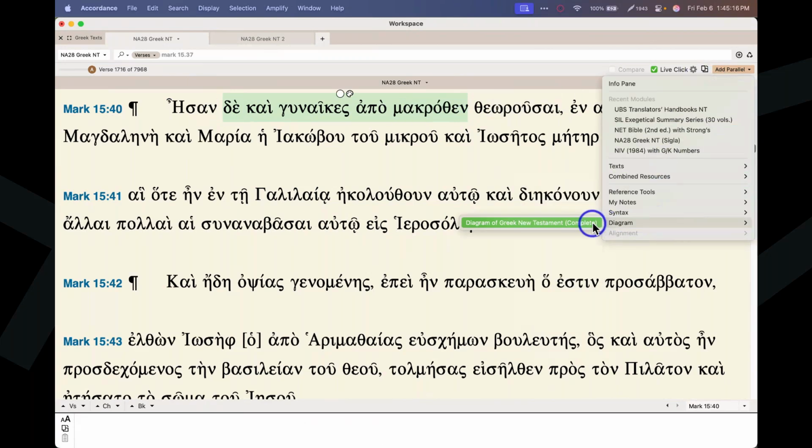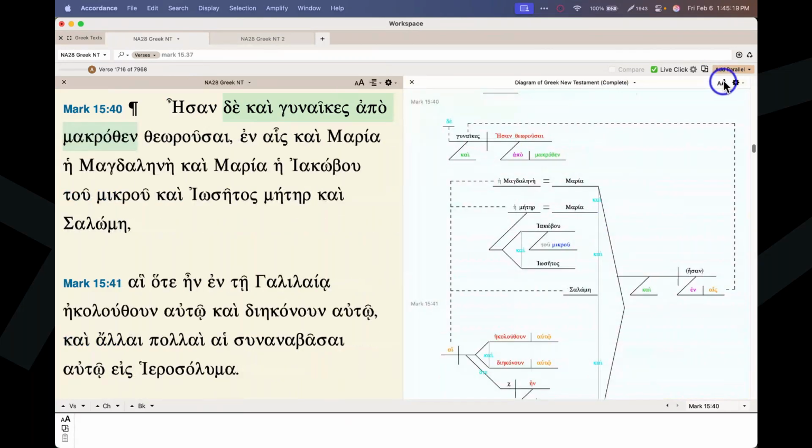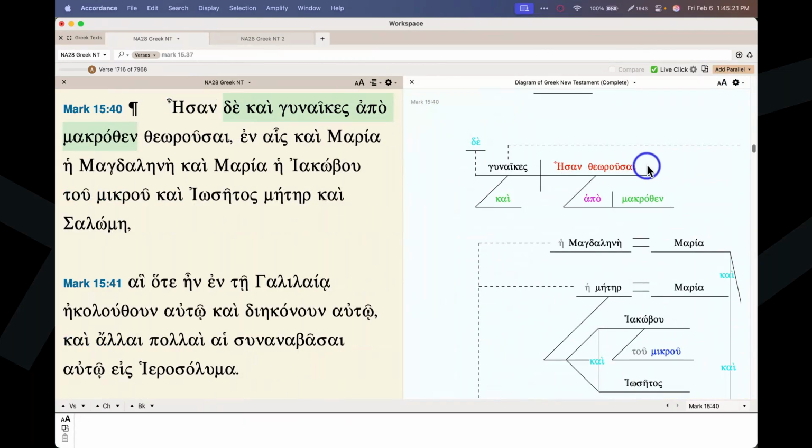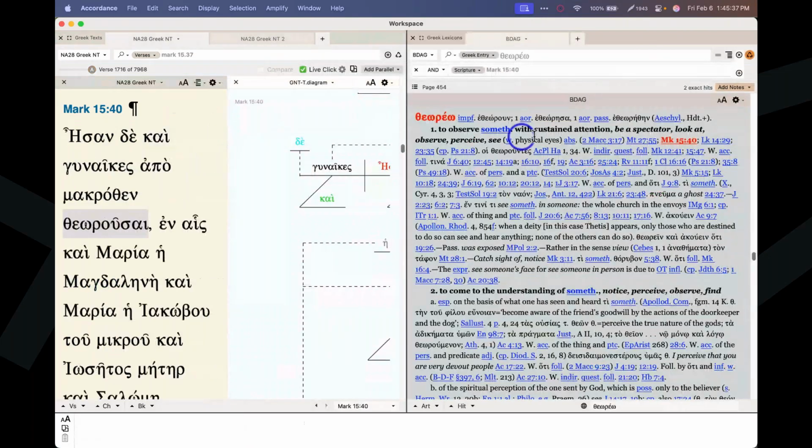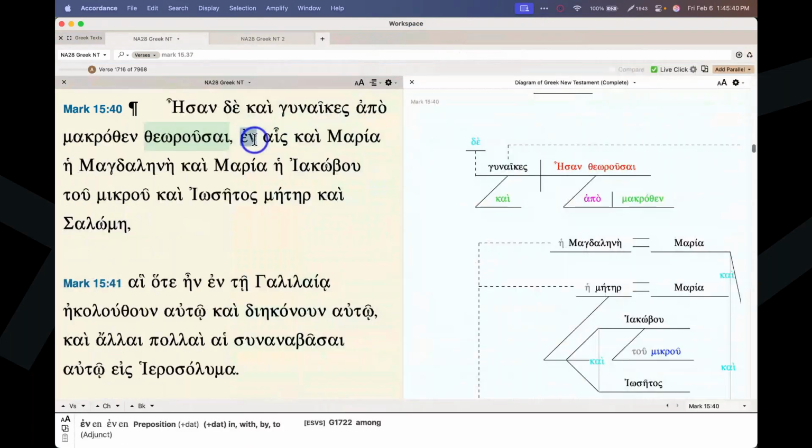Let me just open the diagram because this is easier to visualize. So there it is. This goes together like this. The diagrams give you not Greek word order, but logical English order. All right, so there were women, and we've got theoreo, who were watching or observing or noticing from afar, among whom, so we've got the relative pronoun, also Mary Magdalene and Mary.